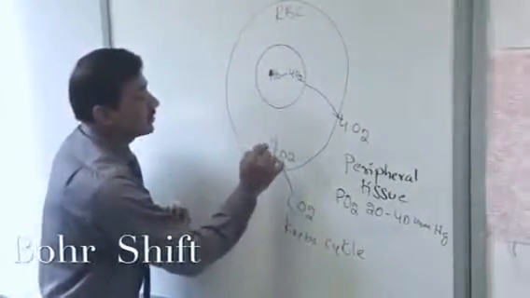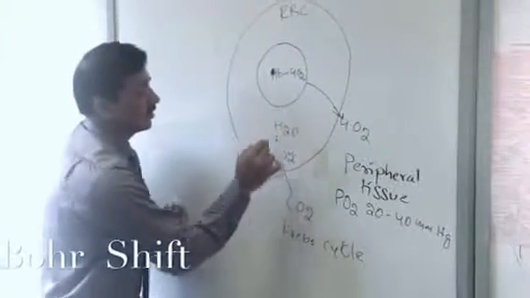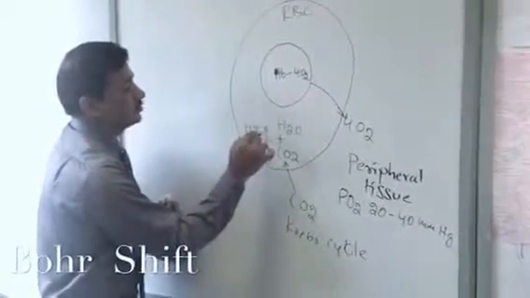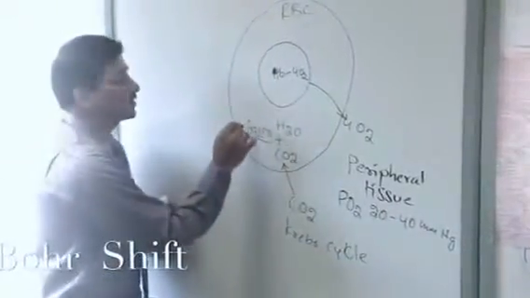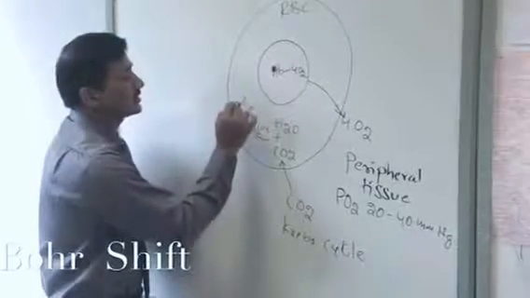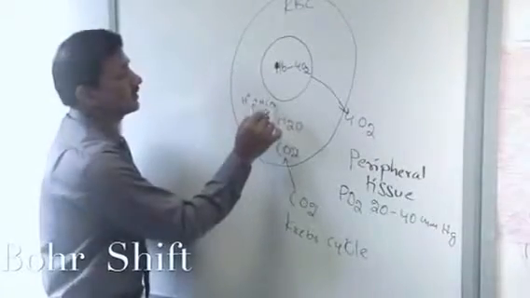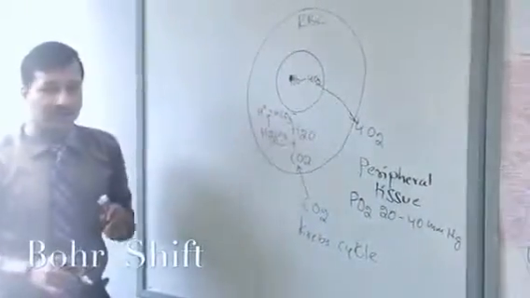Now within the cytoplasm of the red blood cell, carbon dioxide combines with water molecules to form H2CO3, that is carbonic acid. This carbonic acid spontaneously dissociates into H+ and HCO3-, meaning protons and bicarbonate.